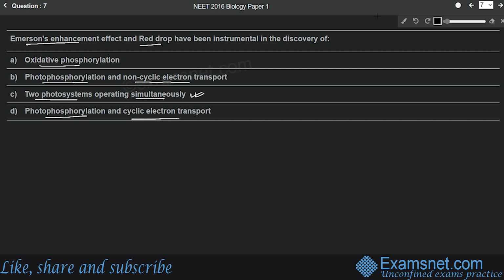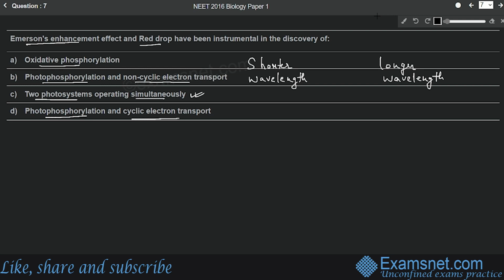Okay, so basically an experiment was conducted in which first two different lights were used which were of different wavelengths. Okay, a light of shorter wavelength and a light of longer wavelength were used separately to observe the rate of photosynthesis.